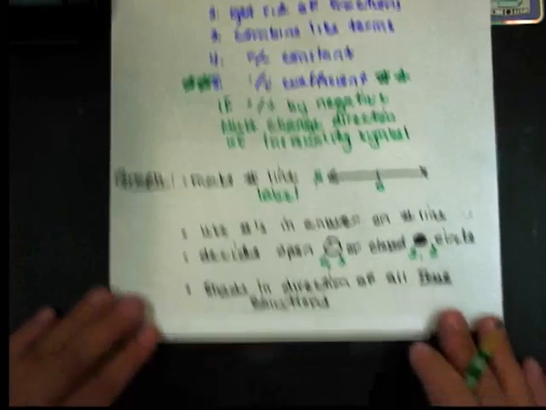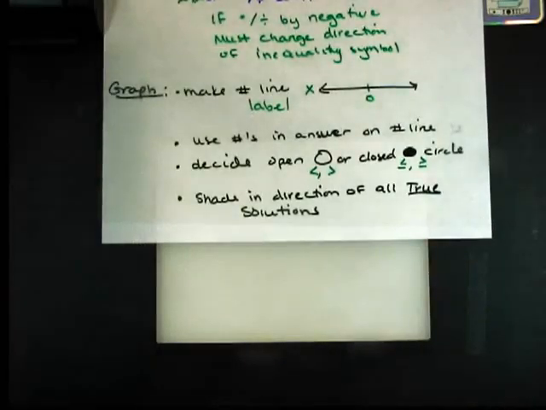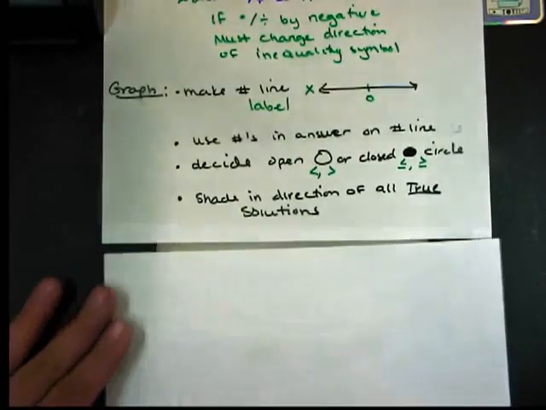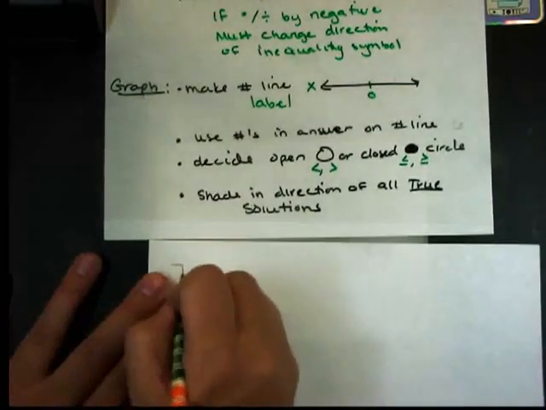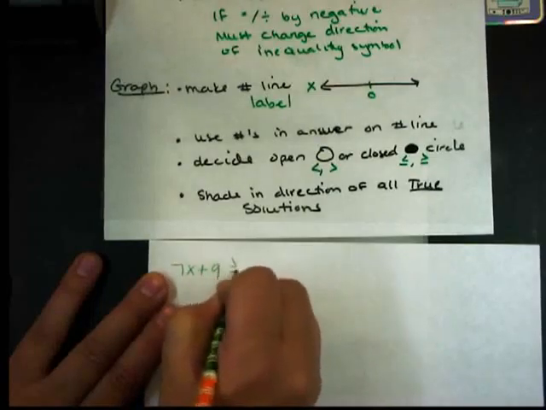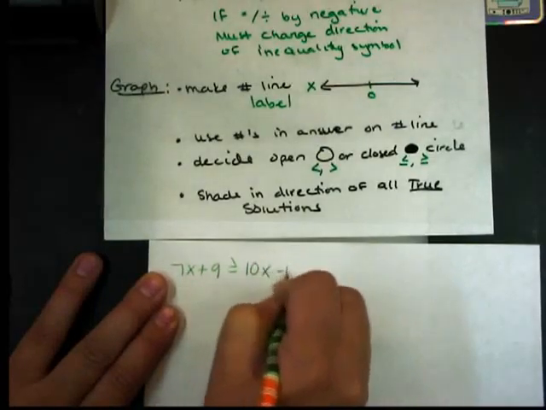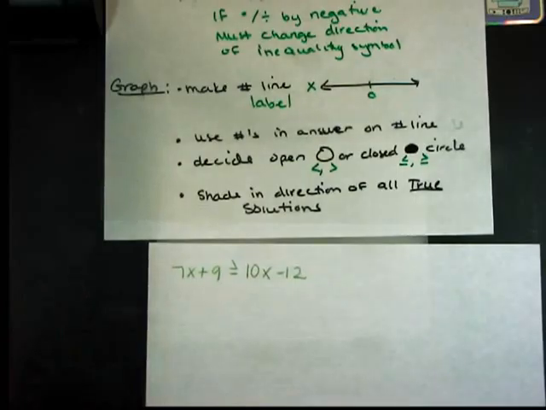Okay, and we're going to look at a couple of examples. 7x plus 9 greater than or equal to 10x minus 12. All right, we're going to just ignore the greater than or equal at the moment, and we're just going to solve this.